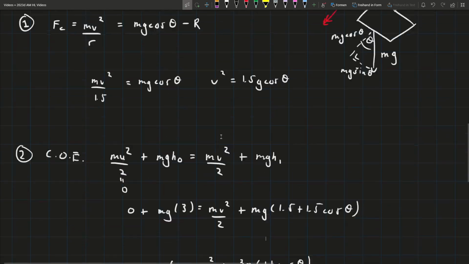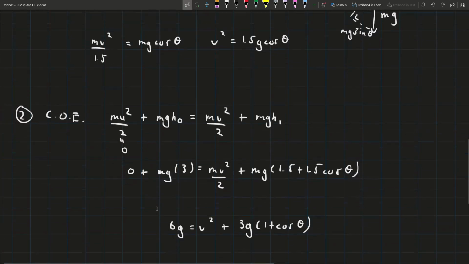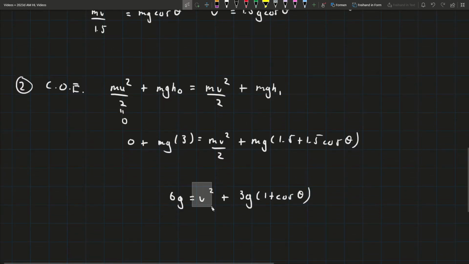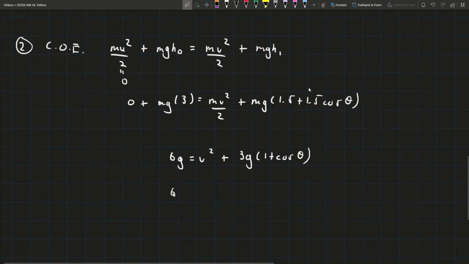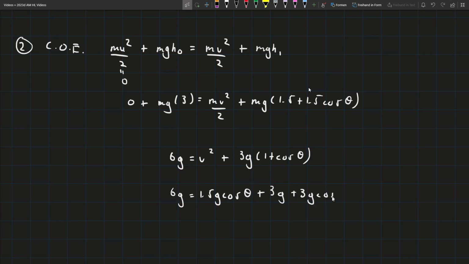And now, since we're looking for the value of theta, we can replace this v squared with 1.5g cos theta, because that's from up here. So we'll have 6g equals 1.5g cos theta, and then of course we have to expand this out, because then we'll have 3g plus 3g cos theta.